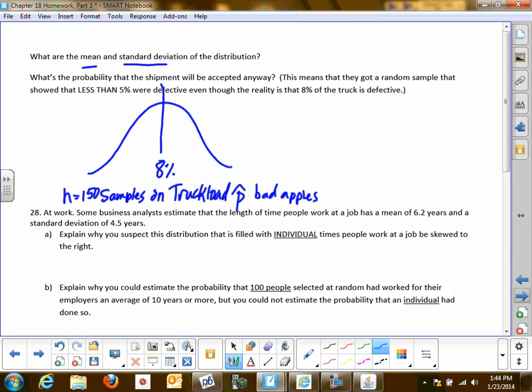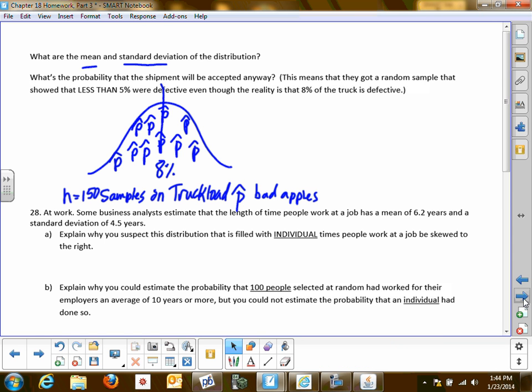And we haven't computed the standard deviation, but what samples does Farmer Joe hope that they come up with? He's crossing his fingers, and he's hoping that one of these p-hats that guy gets is where? 5% or less. Yep.